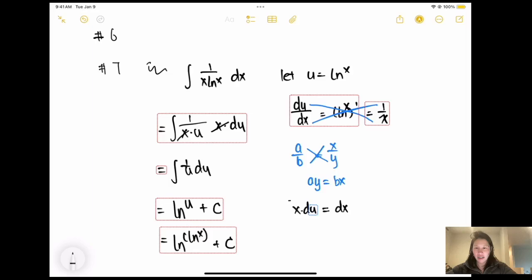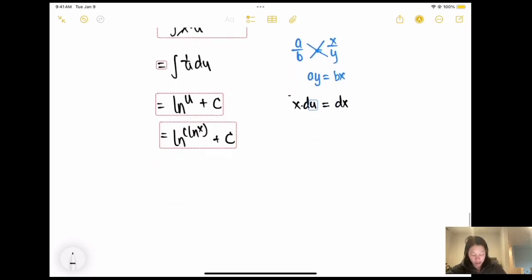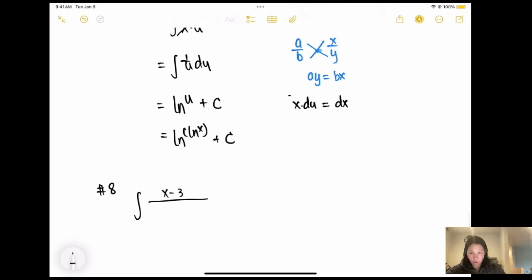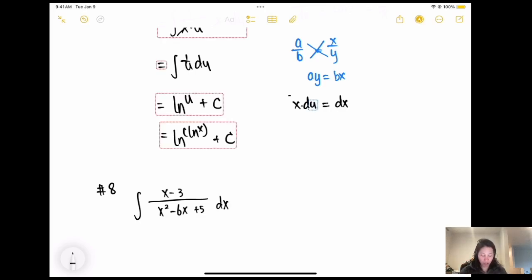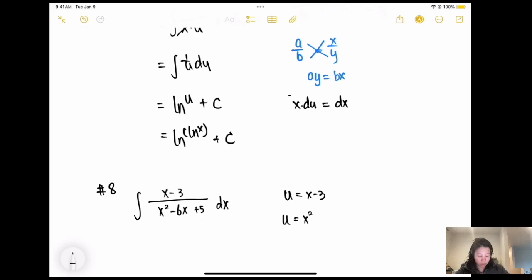All right, next one is number 8. Number 8, we have x minus 3 over x squared minus 6x plus 5 dx. So in this case, how would you do it? Either let u equal x minus 3, or let u equal x squared minus 6x plus 5.